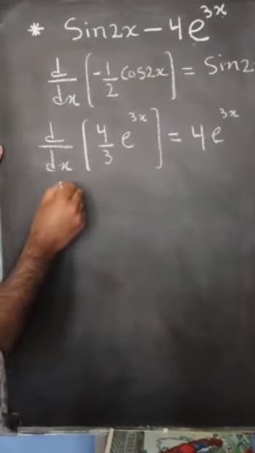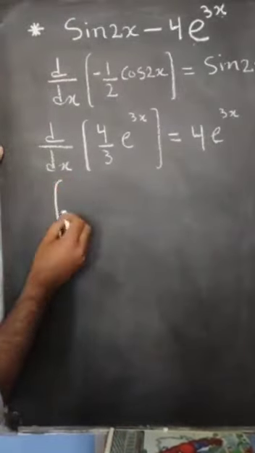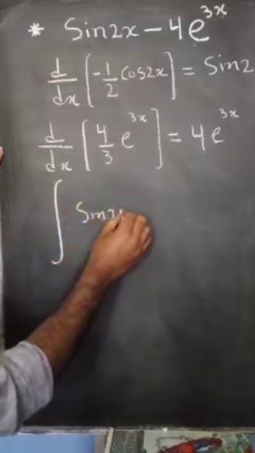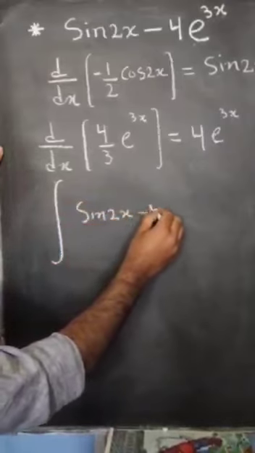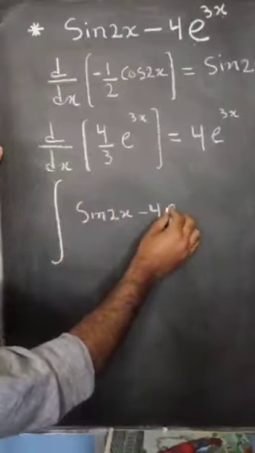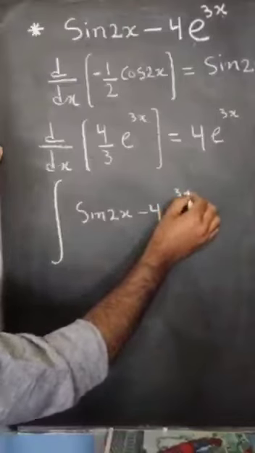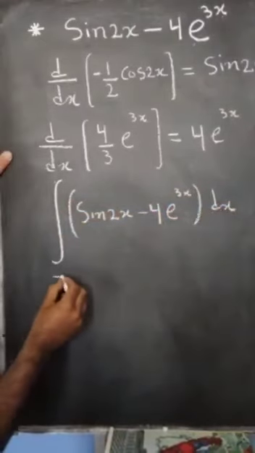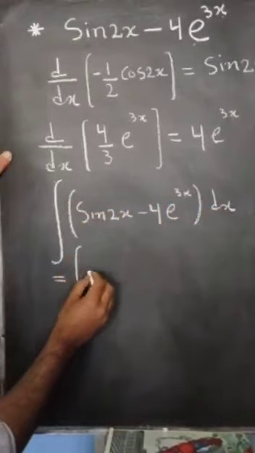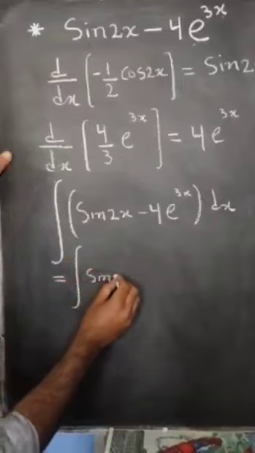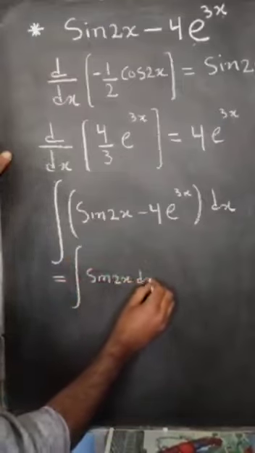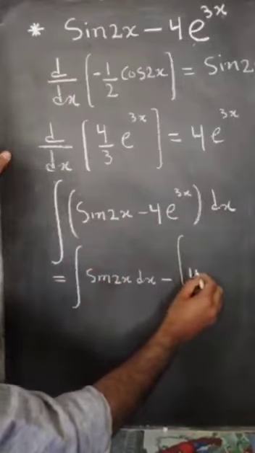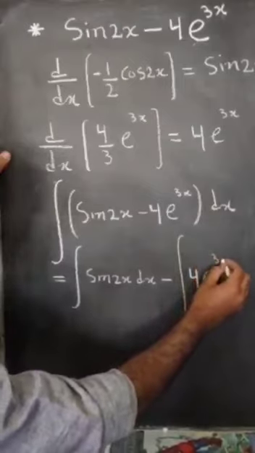Thus, we can write the antiderivative or integral of sine 2x minus 4 times e raised power 3x dx is equal to the antiderivative of sine 2x minus the antiderivative of 4 times e raised power 3x.